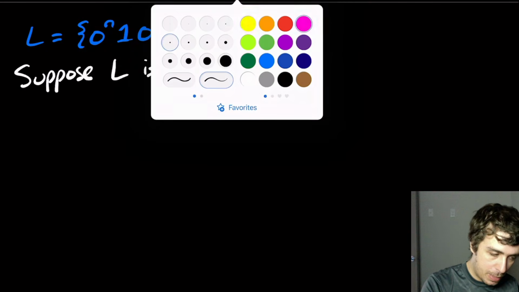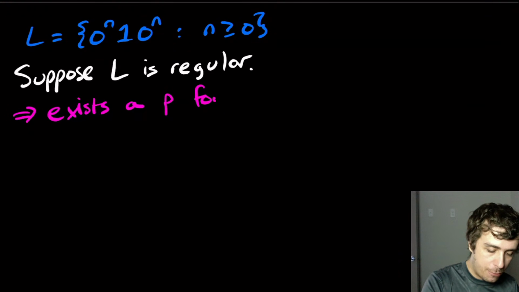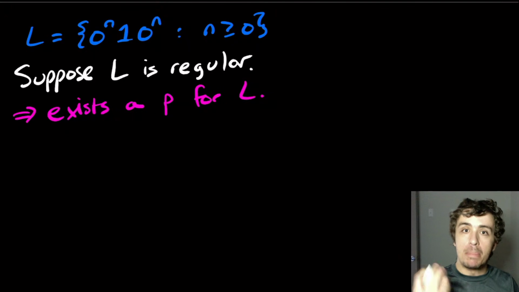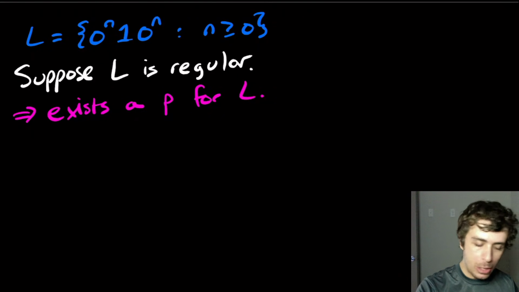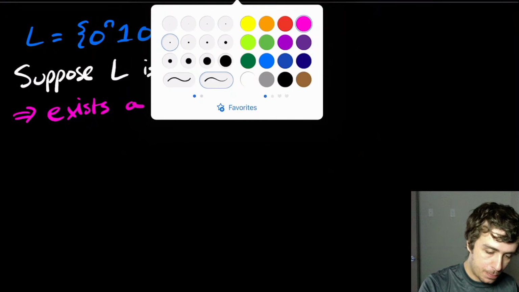Let's use pink for this. So there exists, I'm just going to shorthand it to P for this language. So now what we need to do is pick a string that is of length at least P and in the language. The trick usually is to substitute this P in for the exponent, and it's going to work in this case too.